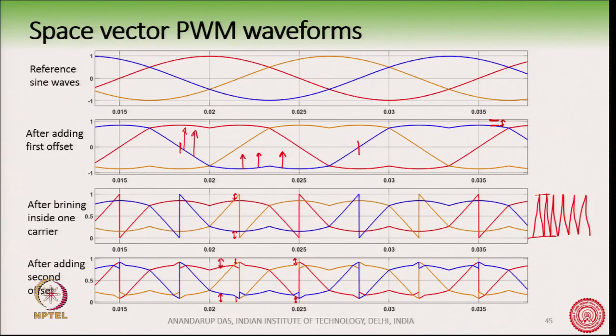But if you see here in the third waveform, this distance is not equal to this distance. So, this is the function of the second offset, by which we have ensured that the highest waveform from +1 and the lowest waveform from 0 have equal magnitudes.